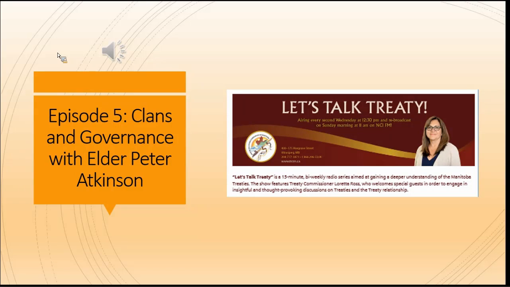Like for instance, the Bear clan had a Justice Society, and that's where the laws were made, and the lodge itself was a place where the laws were introduced into the clans.